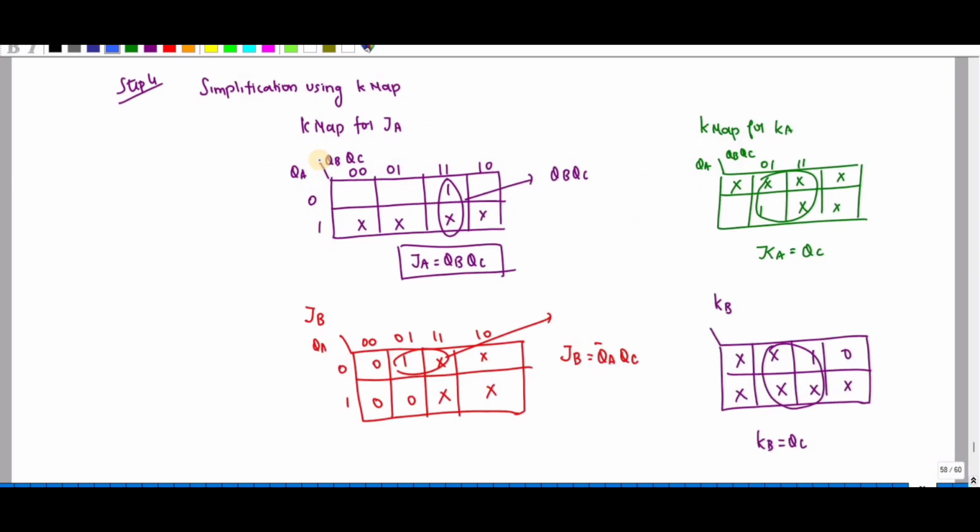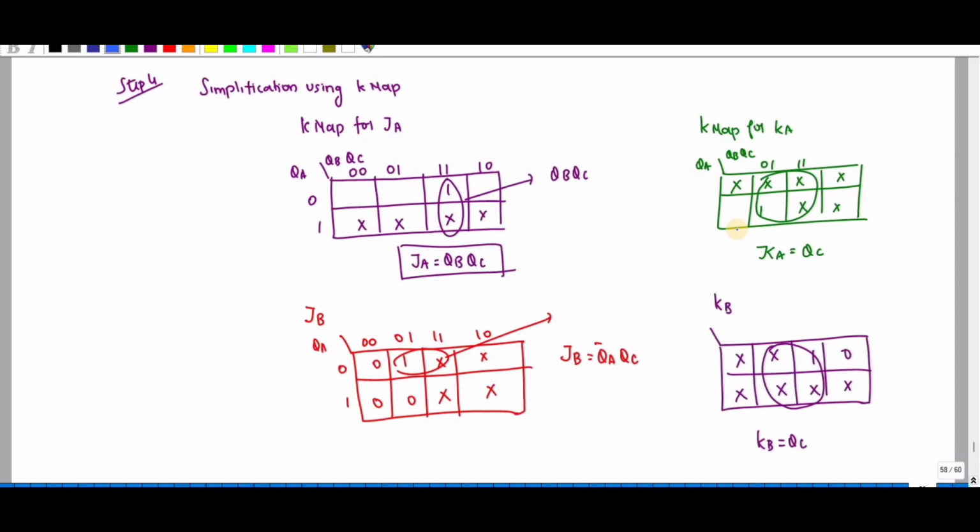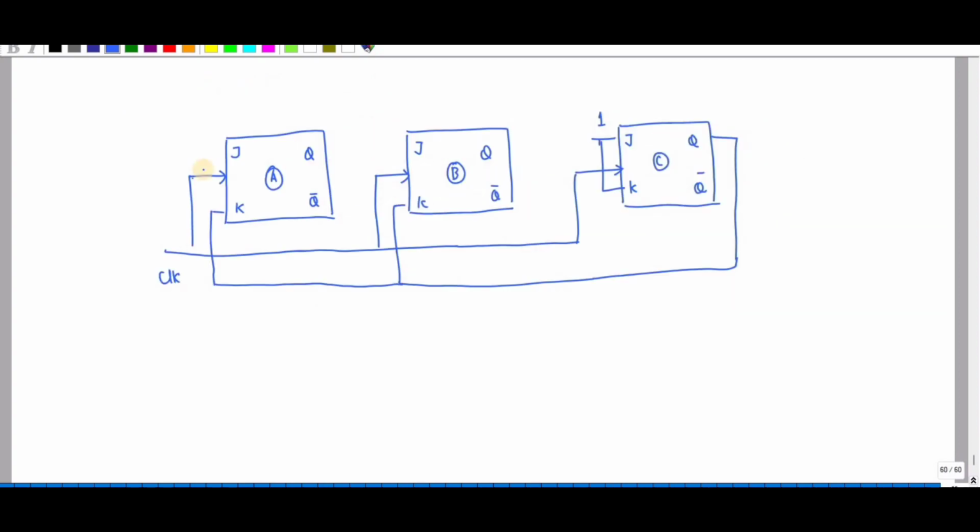So what is JA? JA is equal to QB QC and KA is equal to QC. So KA is QC, and KB is equal to QC. Okay. And what is JC?